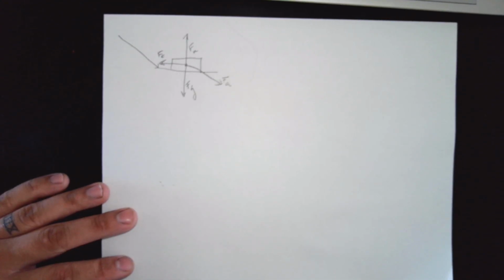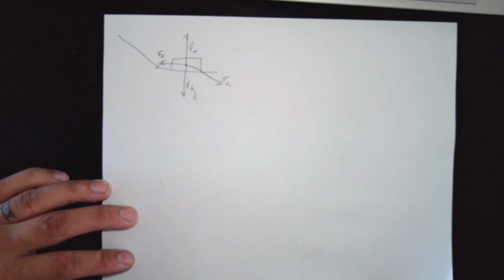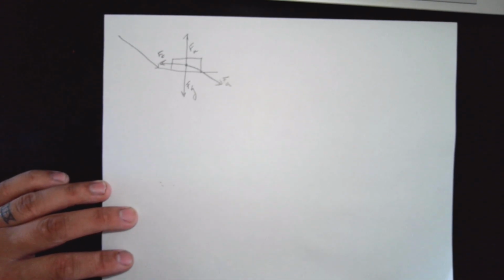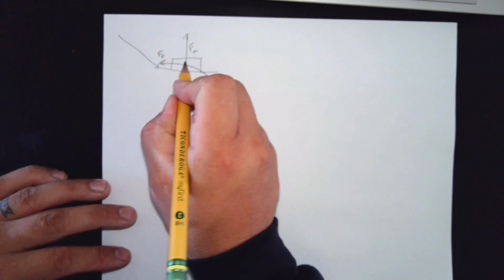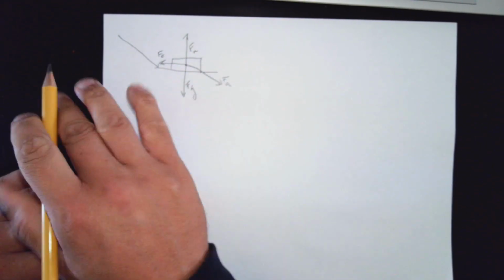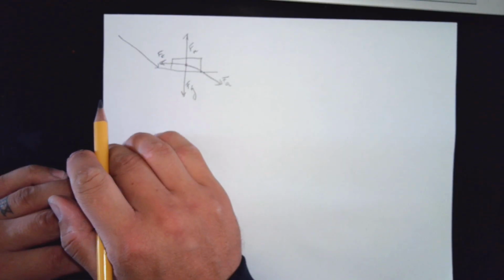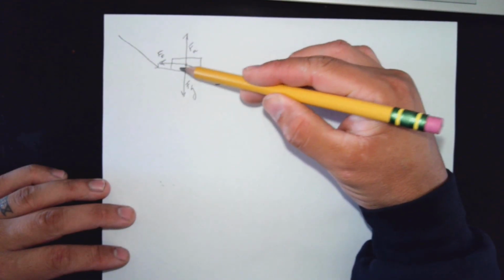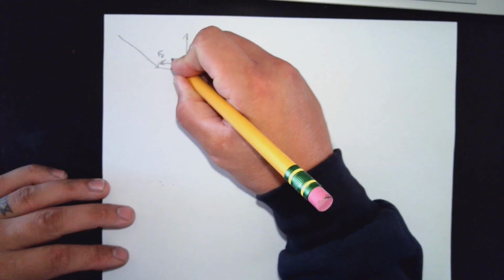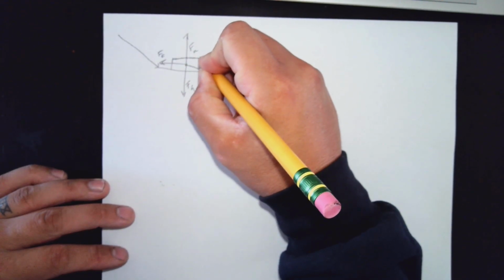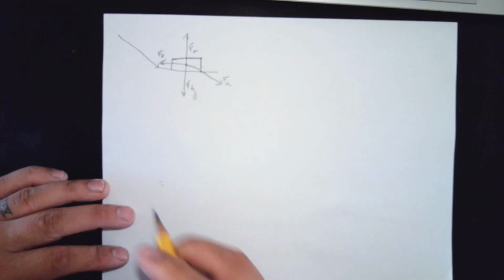Next thing we've got to do is figure out our components. So we're going to break this down here. The force being applied on the sled is in the y direction. It's kind of tricky.